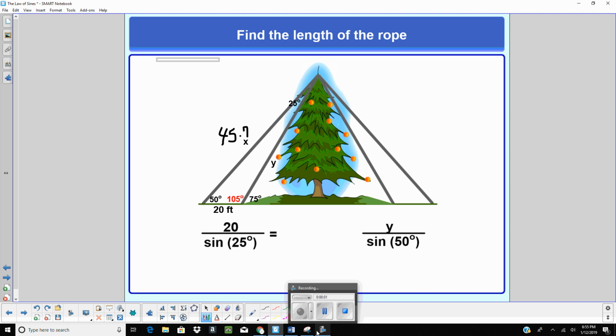So again, I'm just going to take 20 divided by the sine of 25, get 47.3, and then multiply that by the sine of 50, and I get 36.3.